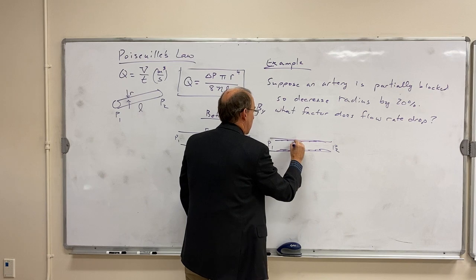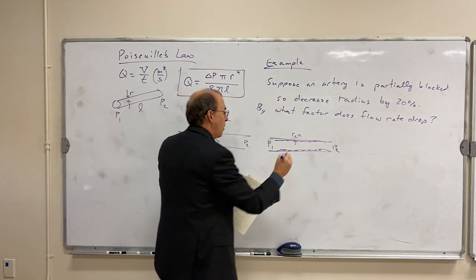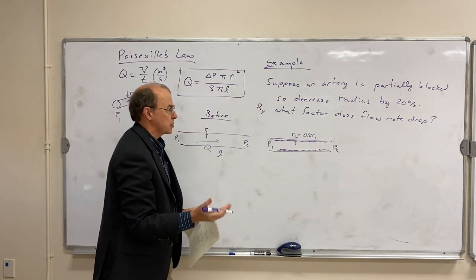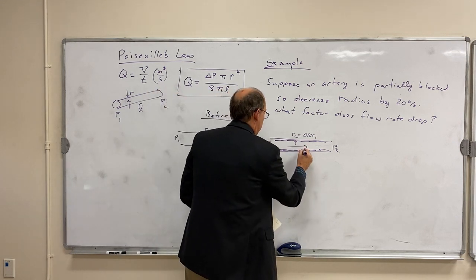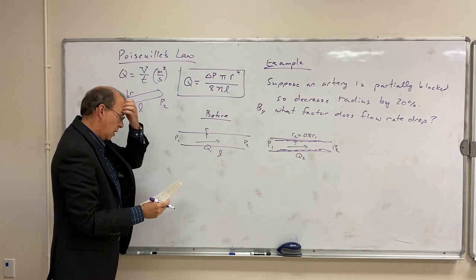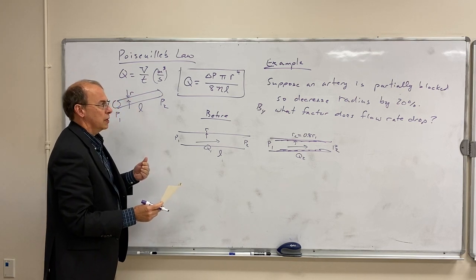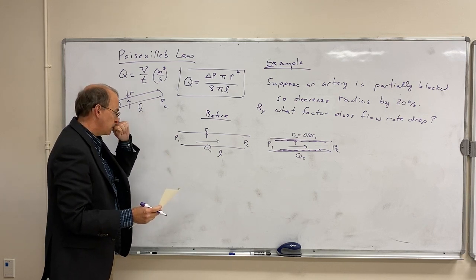So you now have an R2 that is 0.8 R1, because it's blocked by 20%, so 80% is left. And you've got some flow rate Q2. What I want to know is Q2 over Q1, the factor that Q2 changes.